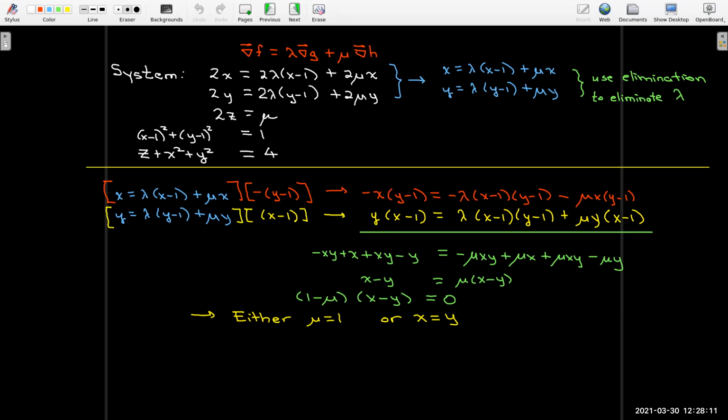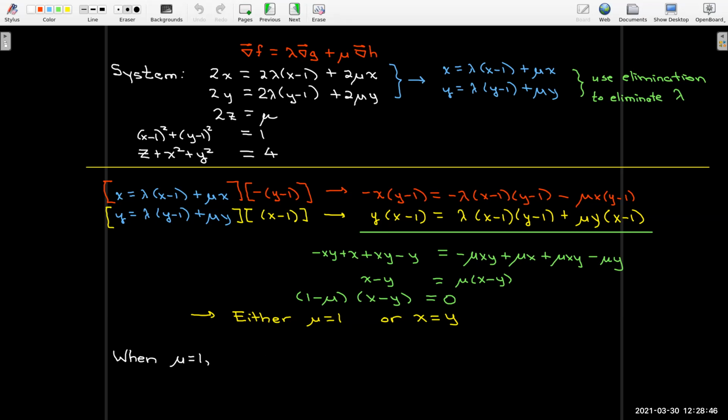Well, we already explored x equals y, so let's find out what happens when mu equals 1. Now, I recognize that there's many ways that you can go about solving the system of equations. And so there might have been a shorter way to reach this mu equals 1. And if you found that shorter way, then that's great. But we've arrived at mu equals 1. So let's go ahead and see what solutions that will bring.